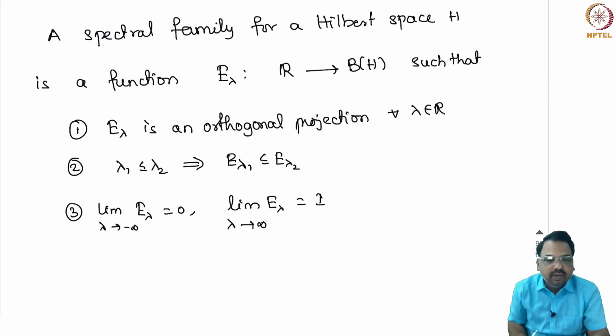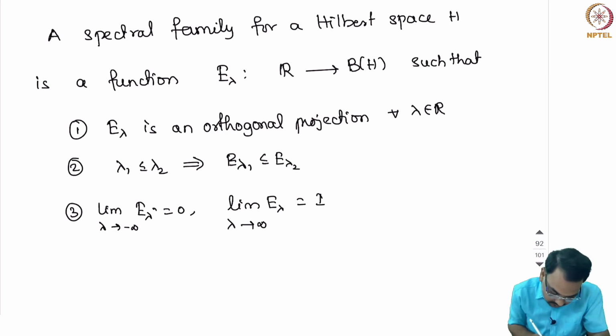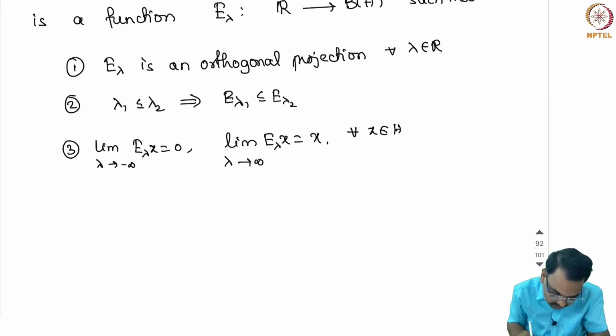This limit is with respect to the strong operator topology, that is, applied to x for every x in H. And the fourth condition is right continuity: E lambda plus epsilon converges to E lambda as epsilon goes to 0, at every point x.